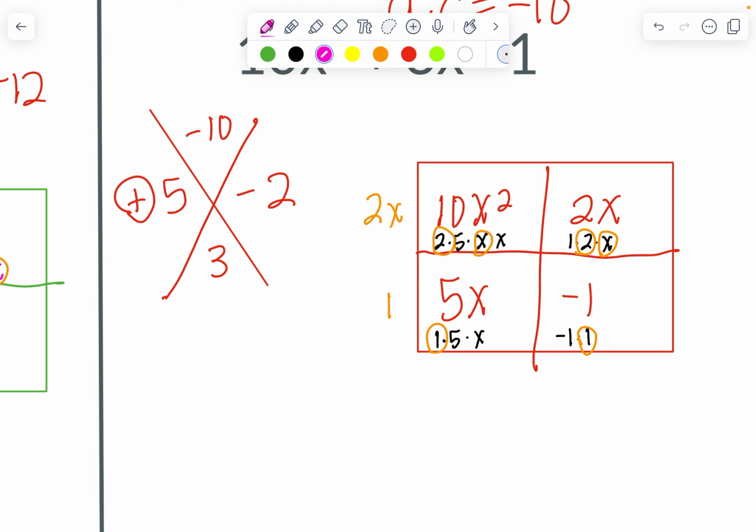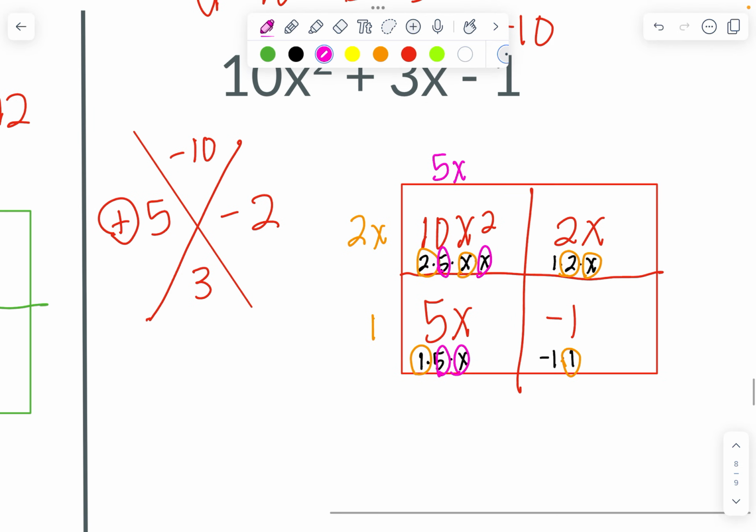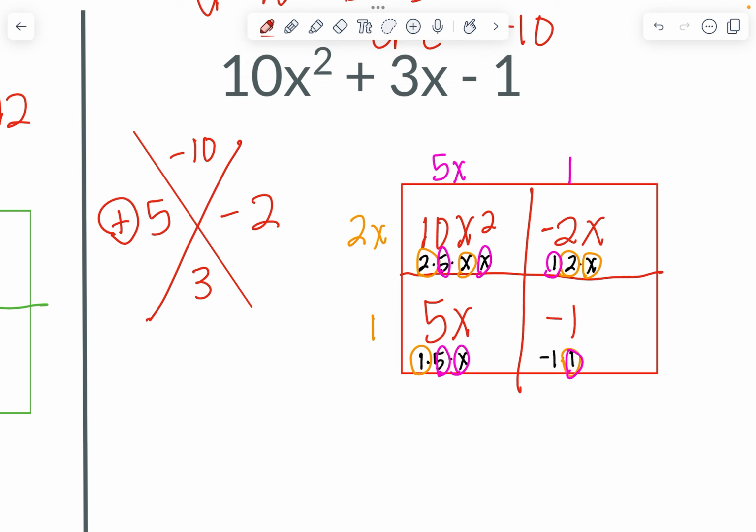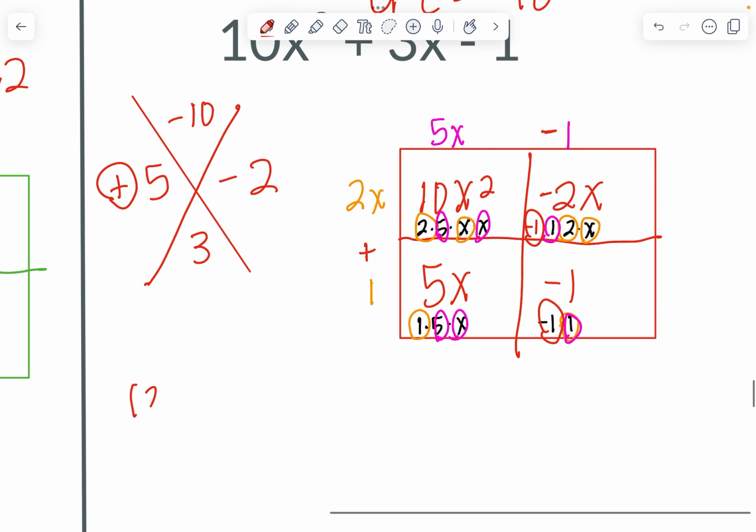And then looking at my columns, I have a 5 and an x in both of those. And then I have a 1 in both of these. But again, I notice now, oh sorry, it looks like I forgot my negative 2x here, which means I have a negative 1 in both of these, which gives us a negative 1. So this is positive, and my final answer then, 2x plus 1, 5x minus 1.